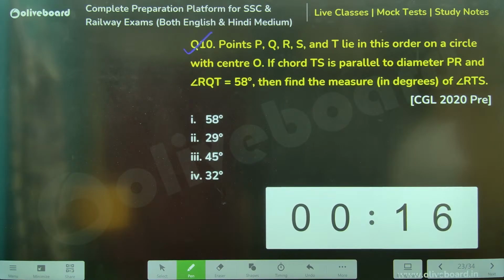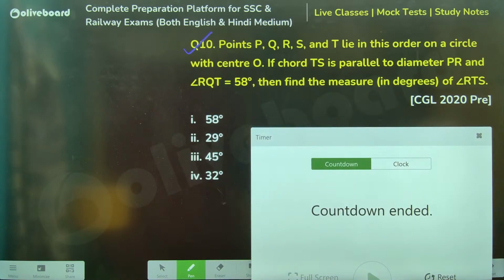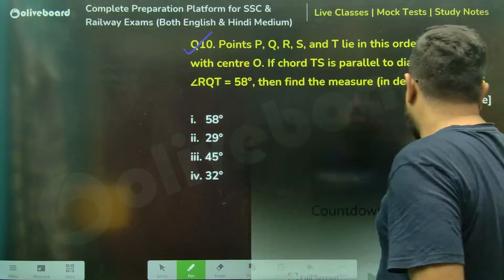I got a question from someone. Abhidal, in that case, brother, you see, why have I taken the arc that way? Because if I take the arc that way, the angle that we need to find will come directly. If you take the arc the other way, sir, you don't have an angle on the circumference. Abhidal, please listen to me, brother.